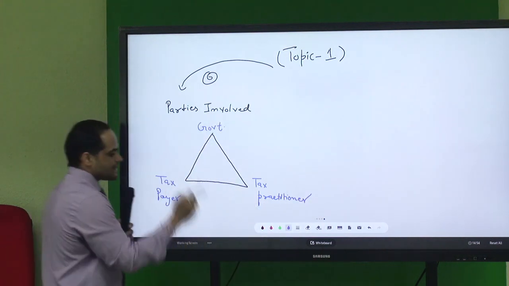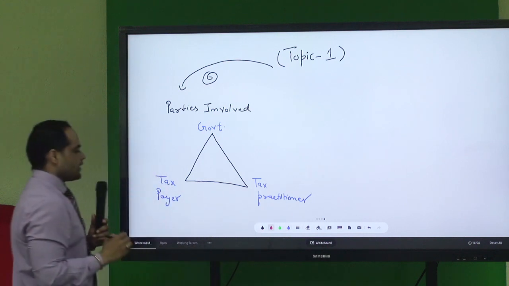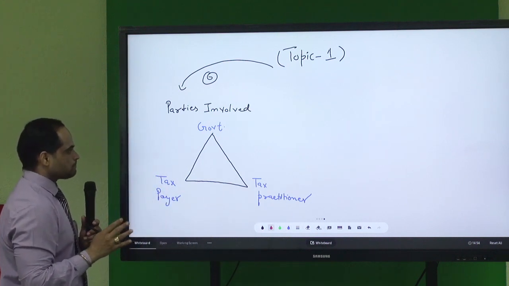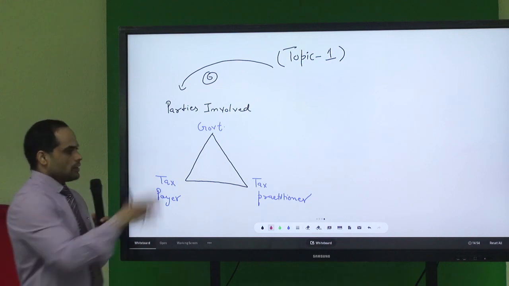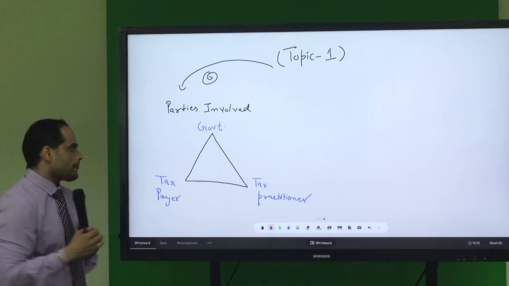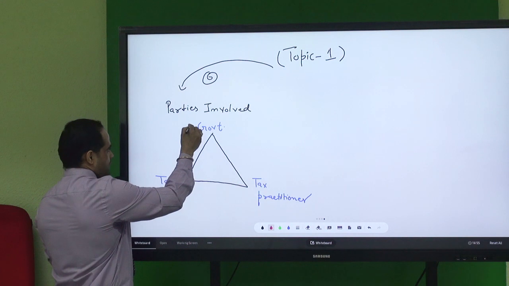So we have three parties involved in this kind of tax payment system, right? Government, you know that.